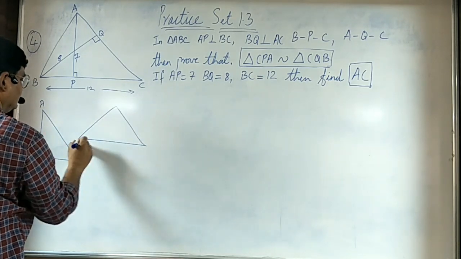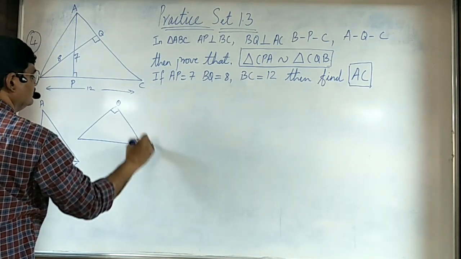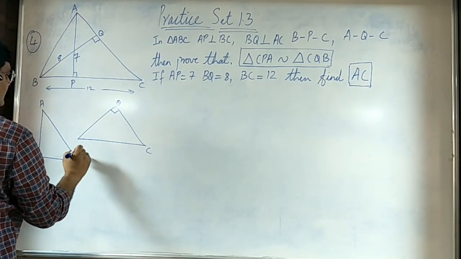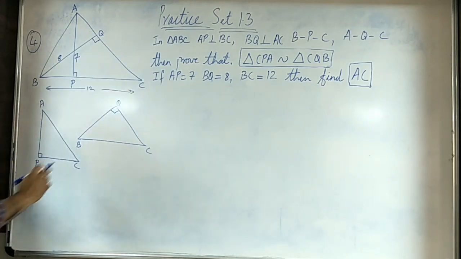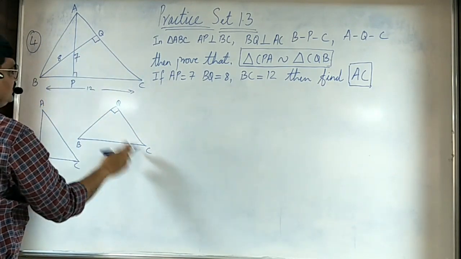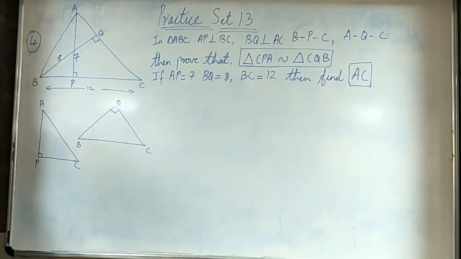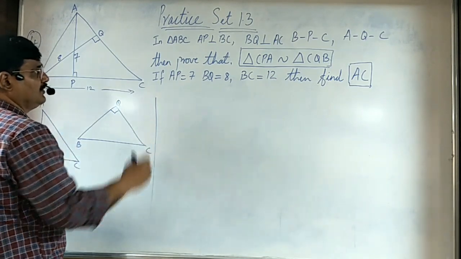I'll have 90 degrees here at Q, with C and B. I have drawn these two triangles separately so that you can understand. I have to prove these two triangles similar. It's very simple and easy. So first of all, I'll write over here.